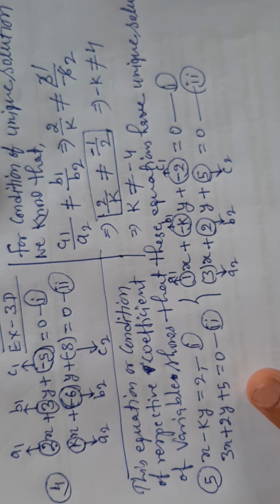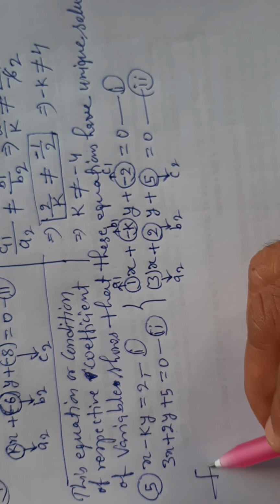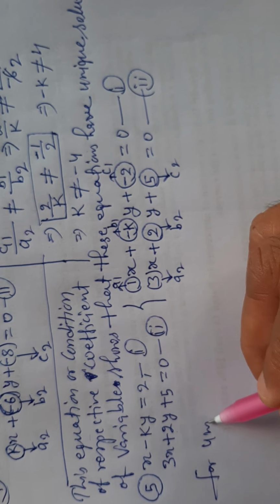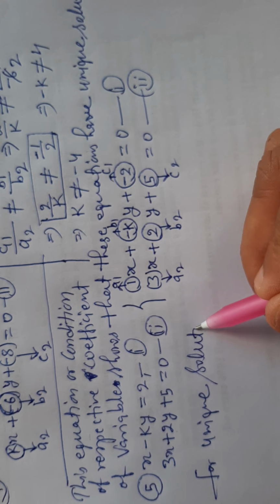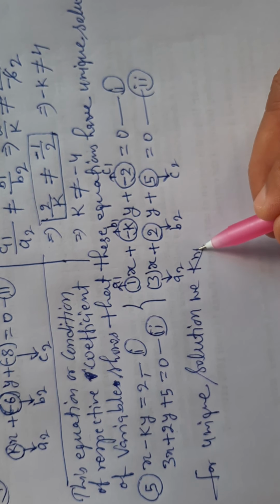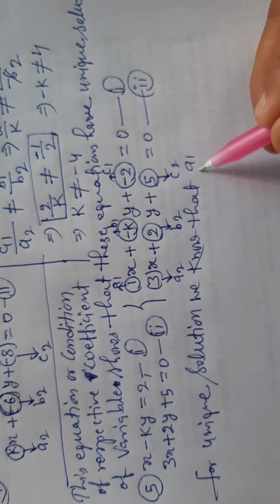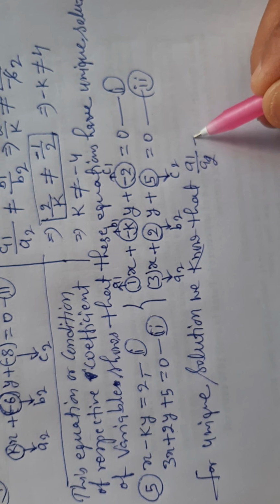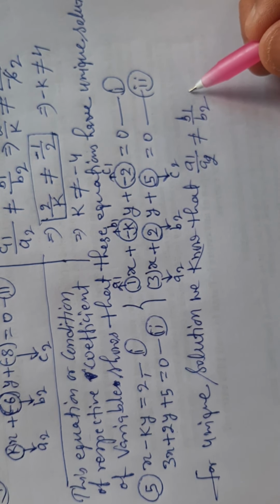Find the value of k for which each of the following system of equations has a unique solution. For unique solution, we know that a1 by a2 is not equal to b1 by b2.